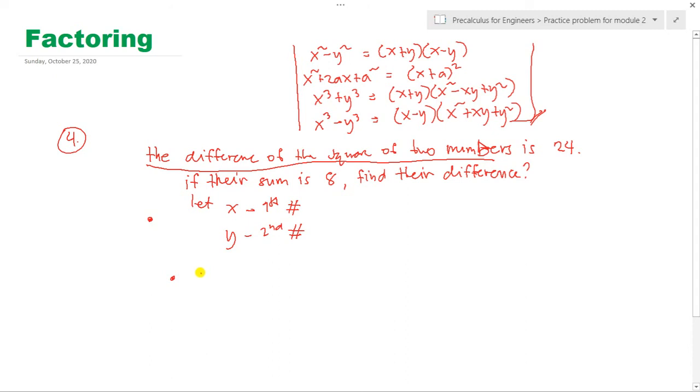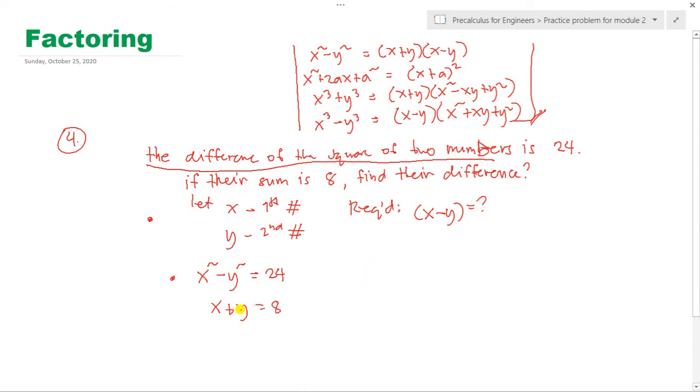Let's say x is bigger than y. So I have here x squared minus y squared is equal to 24. And if their sum is 8, so the second interpretation for the second condition is x plus y is equal to 8. Then find their difference. So this is our requirement: find their difference, so x minus y. This is what we need to find.